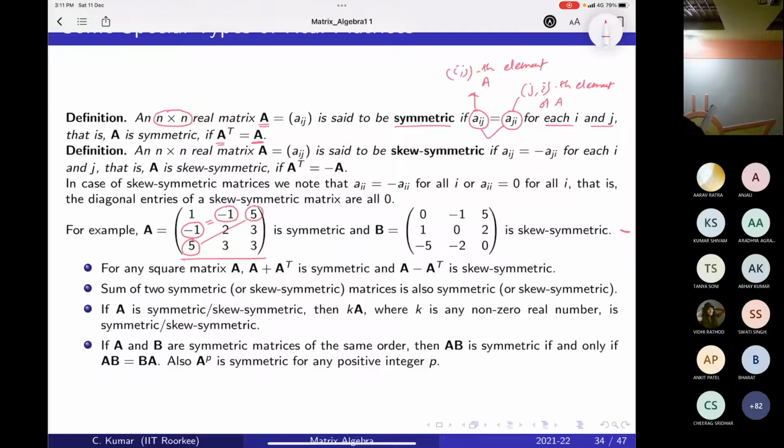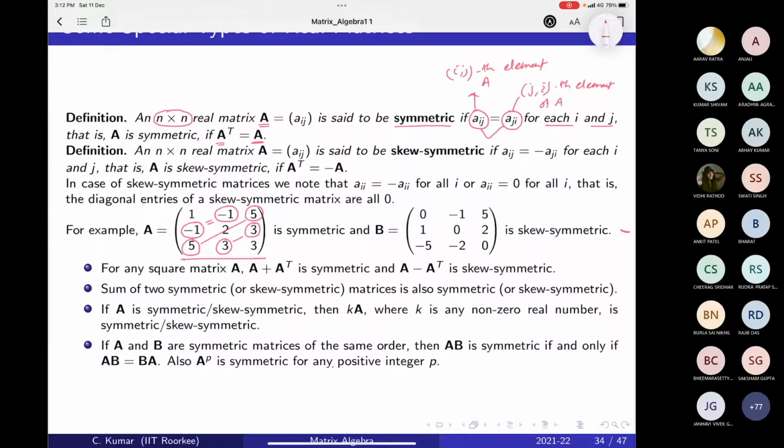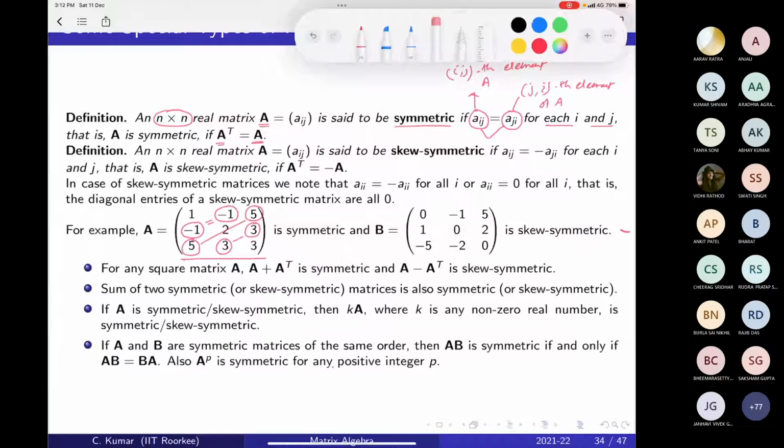So diagonal elements are not going to change. Aii is equal to Aii. This is A23. A23 should be equal to A32. A32 is this. Okay. So this is a symmetric matrix. In this way, you can check the entries, and you can say that this is a symmetric matrix.